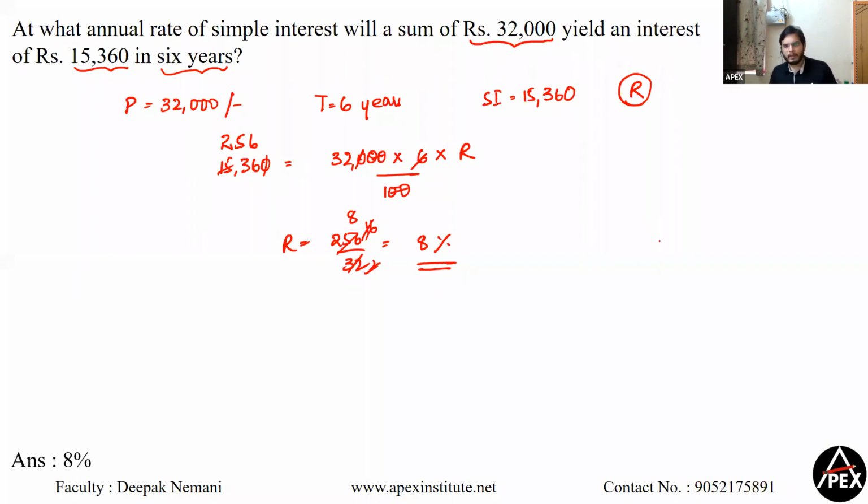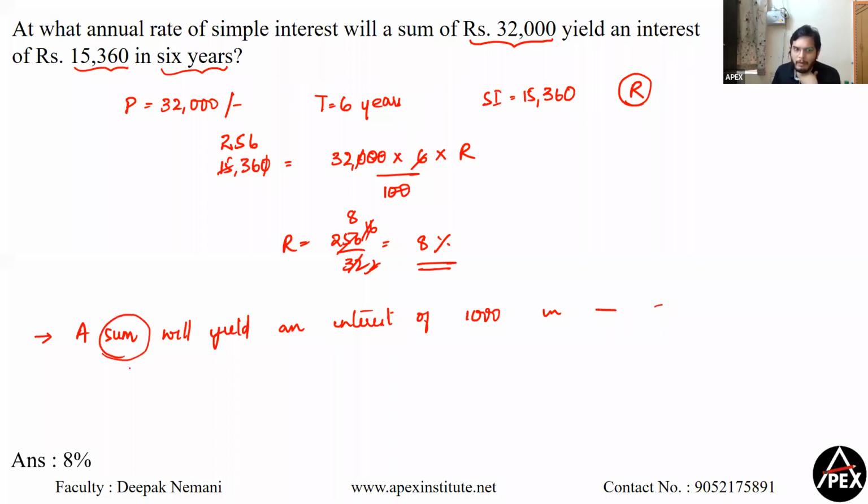If sum is specified, does it always refer to principal? No. For example, a sum will yield an interest of, let us say, 1,000 rupees in 2 years at some rate. In these cases, this sum refers to a principal.